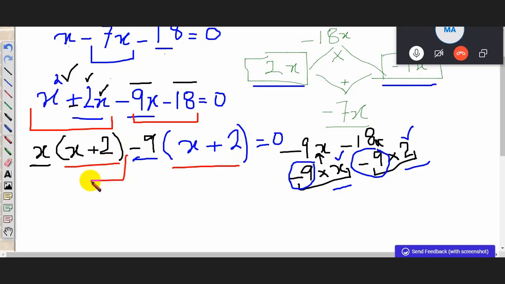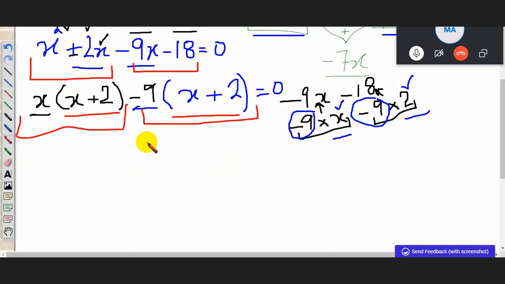Now we have two terms in this expression, and we can factorize it again because x plus 2 is common in both terms, right? So let's take it out as common, x plus 2. If we take x plus 2 as common, then in the first term, what's left? Only x.